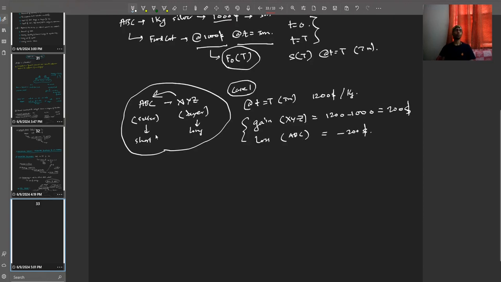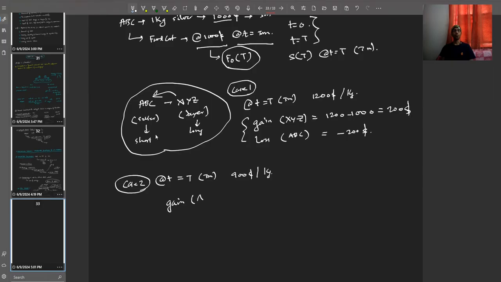Now case 2. Let's say the price at T equal to capital T is $900 per kg. In this case, ABC has gained.